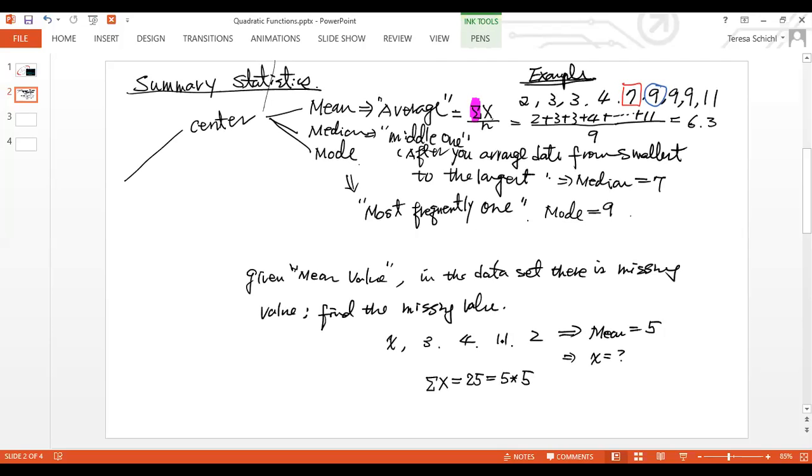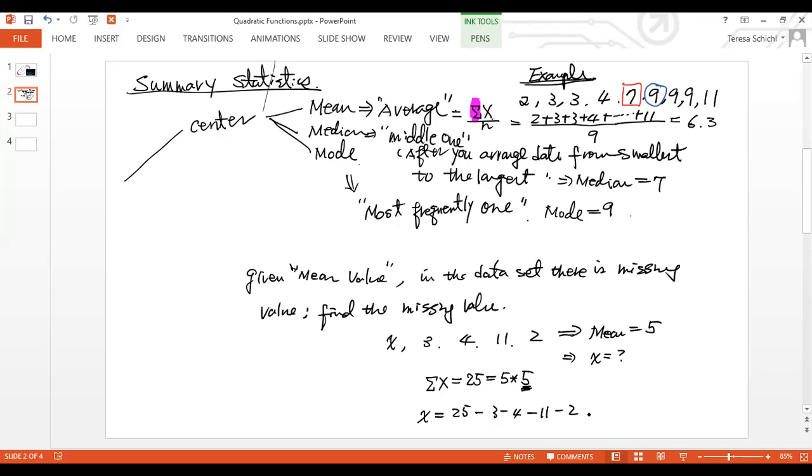You have 1, 2, 3, 4, 5, so five numbers. The mean times n gives you the sum, so you know the total. Adding these 5 numbers together gives you 25. So now you can find the missing value: it's just 25 minus 3 minus 4 minus 11 minus 2. So that's one type of problem for the mean here.